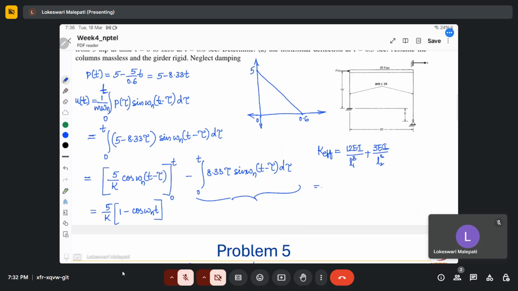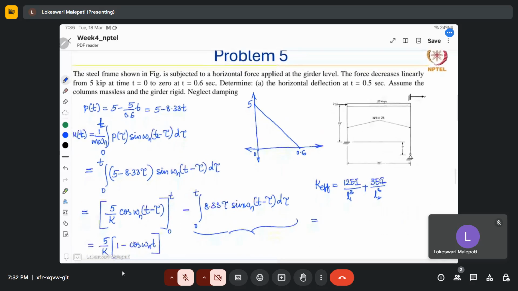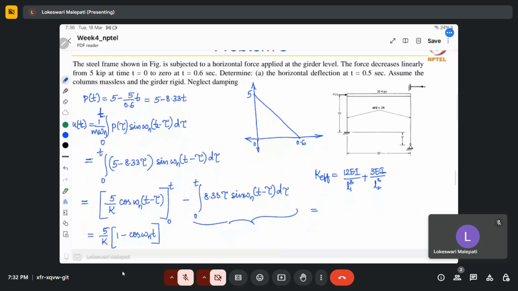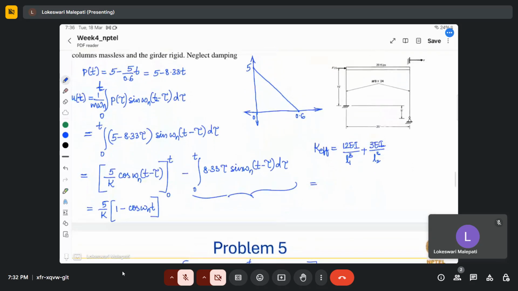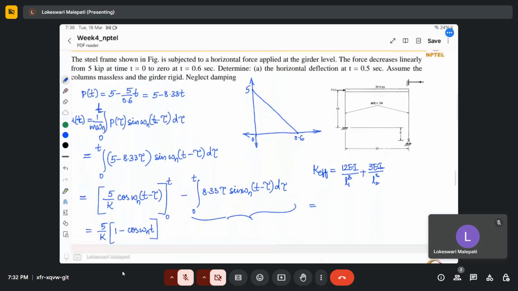Also, in the question it is given that E is equal to 30 into 10 power 6, and I value is 82.8 inch power 4.